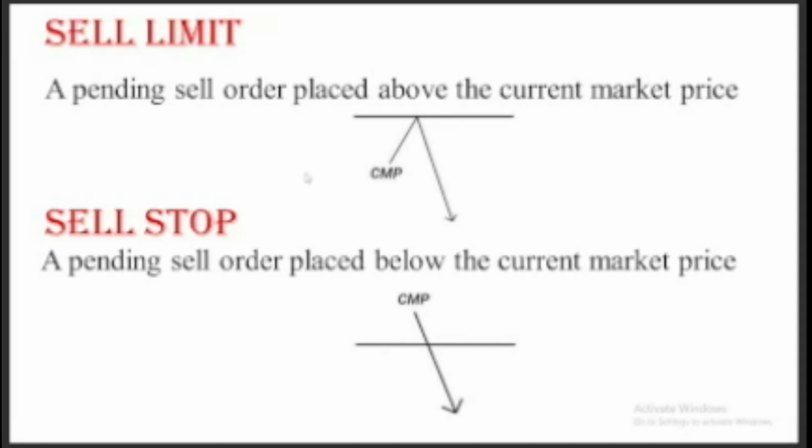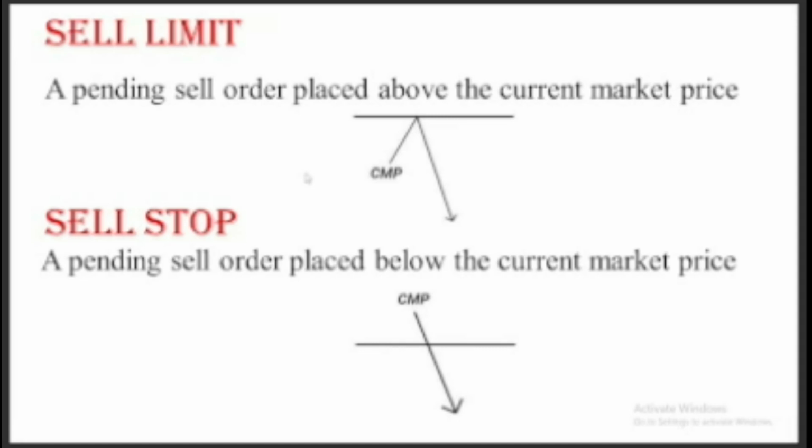A sell stop is a pending sell order placed below the current market price. That is, the current market price is a bit higher, so if you are placing a sell stop, you'll be placing it below the current market price. So if the market continues selling, your order will be triggered along the line and be filled.